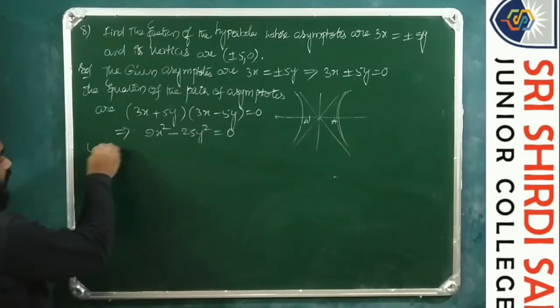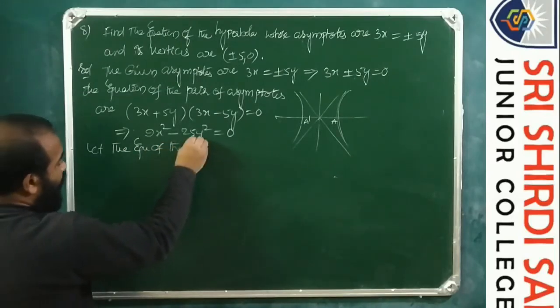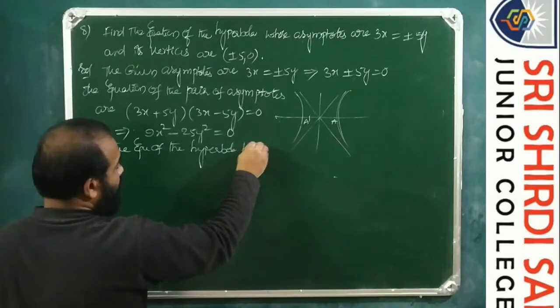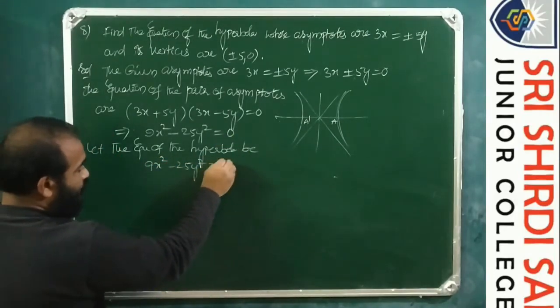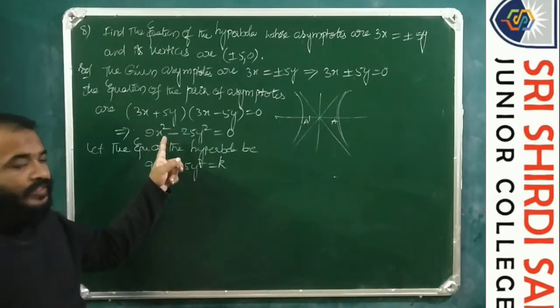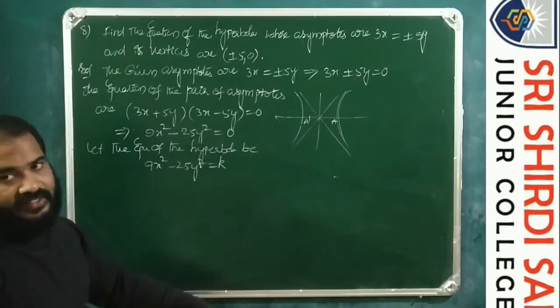So let the equation of the hyperbola be 9x² - 25y² = k, because we know that the equation of the asymptotes and the equation of the hyperbola differ by a constant.